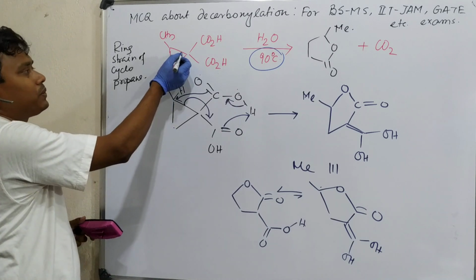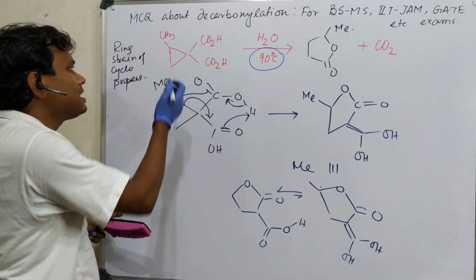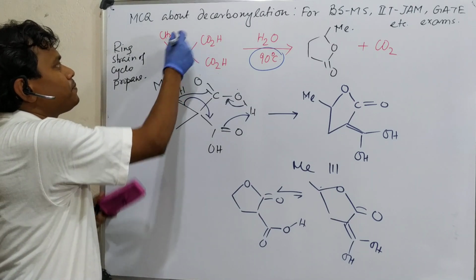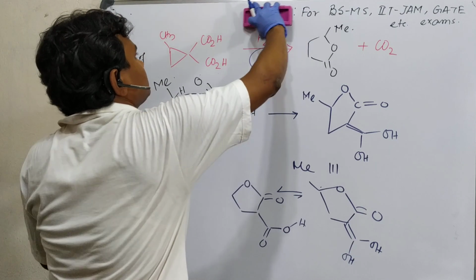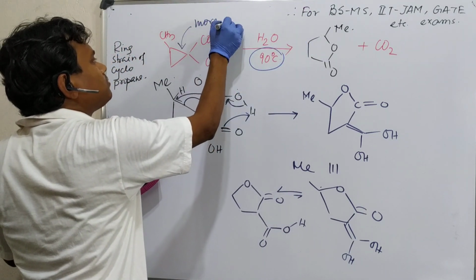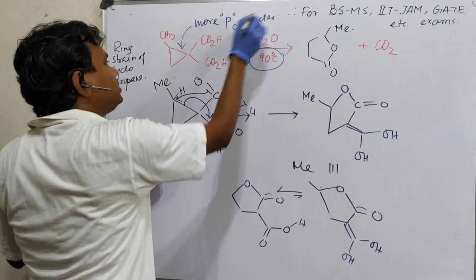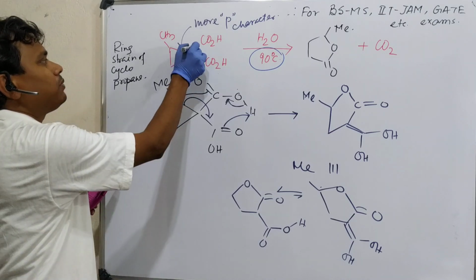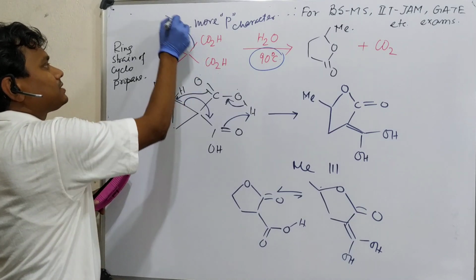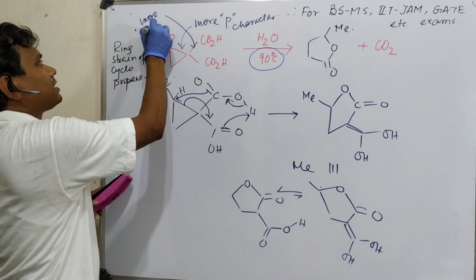See, this cyclopropane actually is not 60 degrees, it is around 114 degrees. It's a banana bond, means these bonds have more p character. Okay, so if this bond has more p character, this bond has more s character.